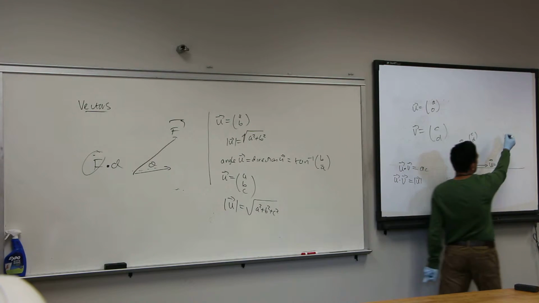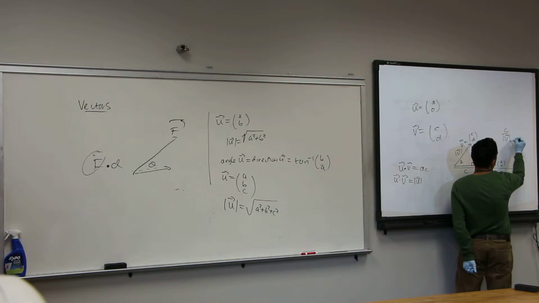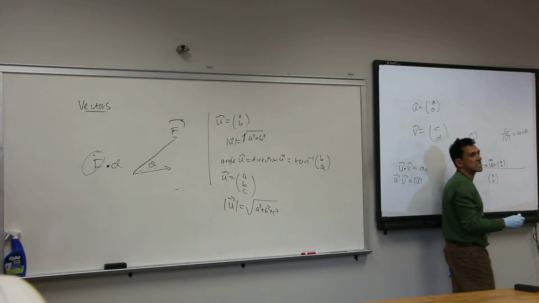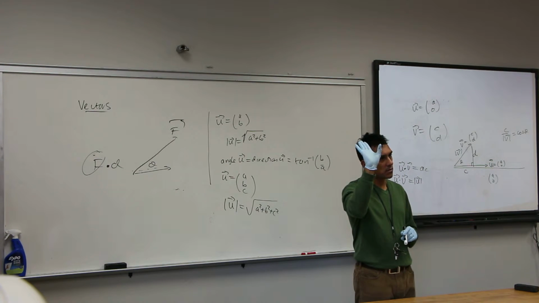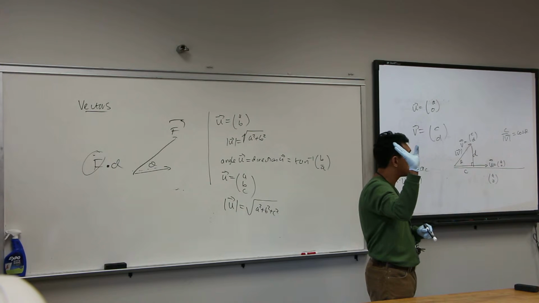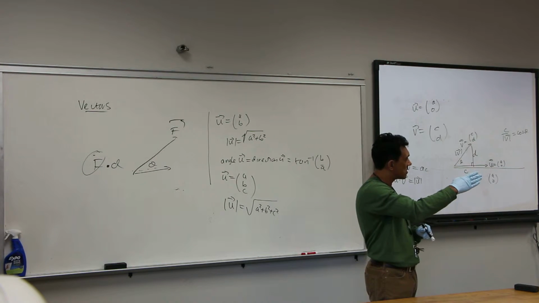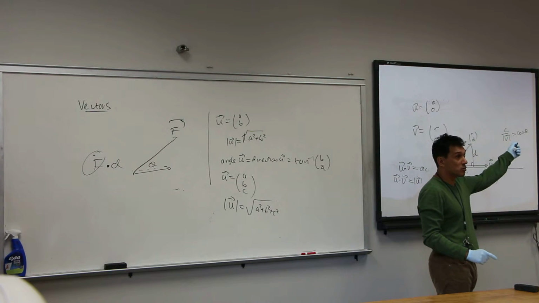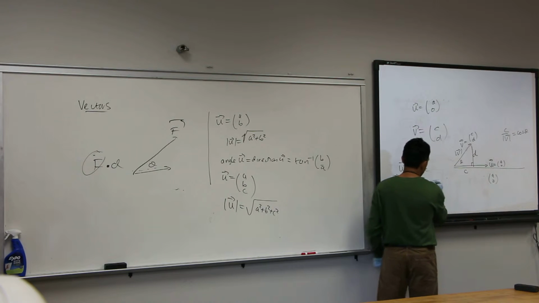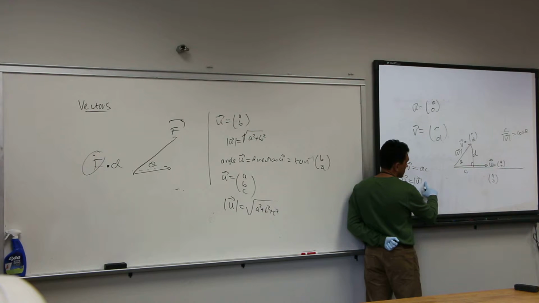You all see that C over the length of V is the cosine of the angle between the two vectors. Who does not see that? Yep, if you know your basic trigonometry. That C over the length of V is the cosine of the angle between the two vectors. So that C is what? C is cosine theta times the magnitude of V. Absolutely correct.